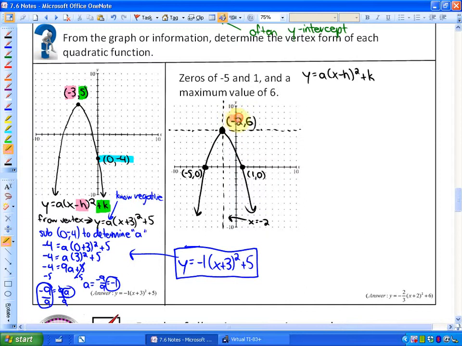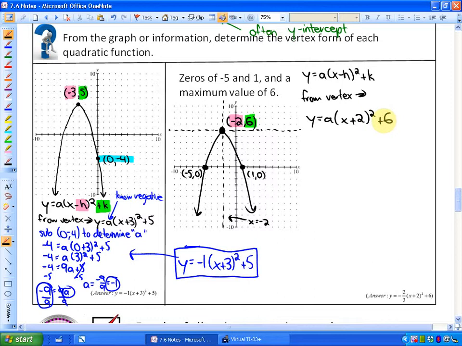From the vertex, we know the following, that the vertex form is y is equal to a. We don't know the coefficient, but we know that it's negative, times x plus 2 squared, because that's the opposite of negative 2. And in this case, plus 6, because that's the y-coordinate of the vertex.